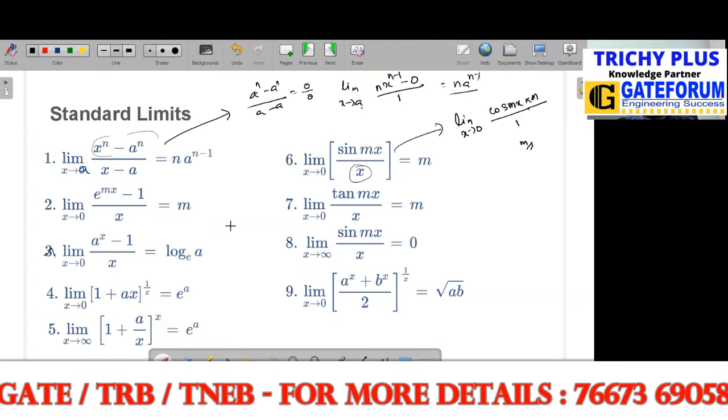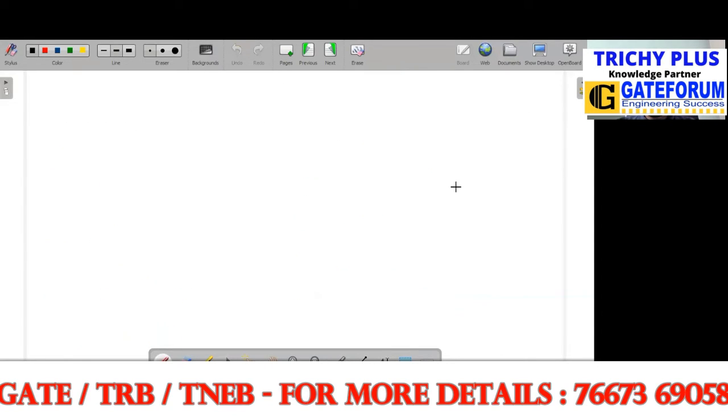For something like 5 power x, what is the differentiation of 5 power x? Any idea? We may not be aware of it because we are not frequently using this a power x.